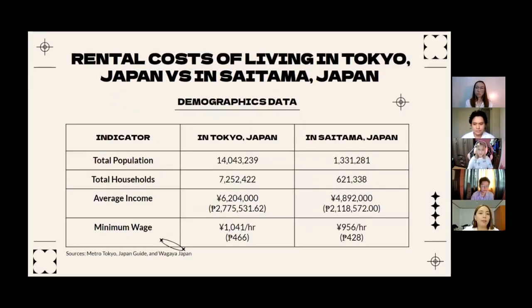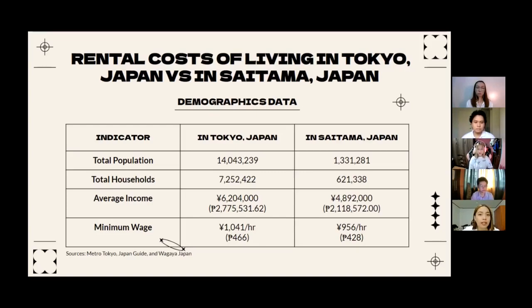Thank you, Ashley. Now let's compare Tokyo and Saitama, Japan. First, let's take a look at the demographic data of these respective cities. Tokyo, being Japan's capital, as well as the country's political and economic seat, is known to be the most populous urban area in the world with a population of more than 14 million and a total of 7.2 million households in 2021.